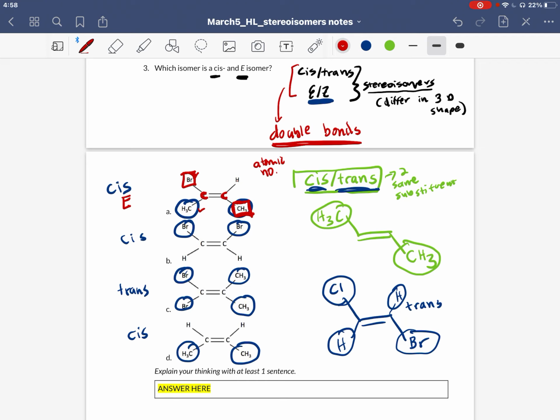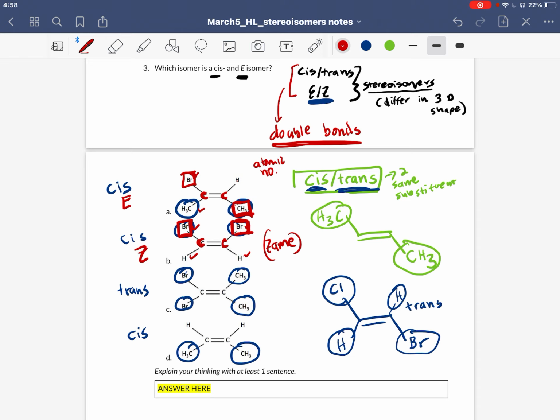In B, I look at my first carbon, I look at Br and hydrogen. Br is a higher atomic number than hydrogen. I look at my second carbon, again, I have Br and hydrogen. Br has a higher atomic number than hydrogen, so my higher priority groups are on the same side. I remember this as same, same, kind of pretend that same rhymes with Z. I don't know, that works for me.